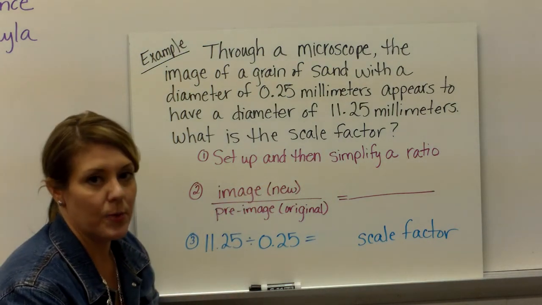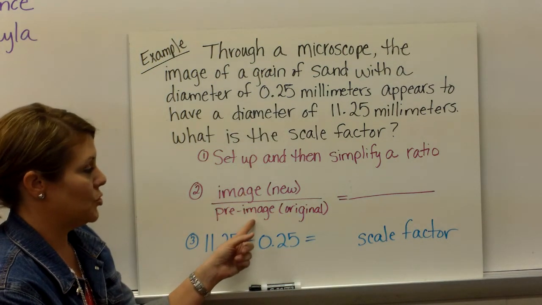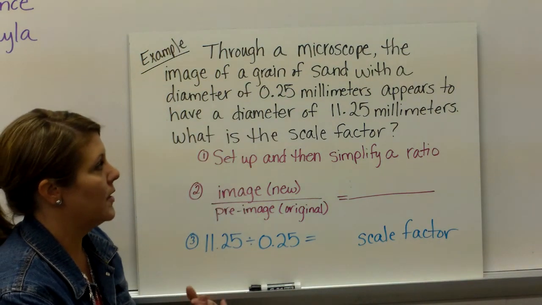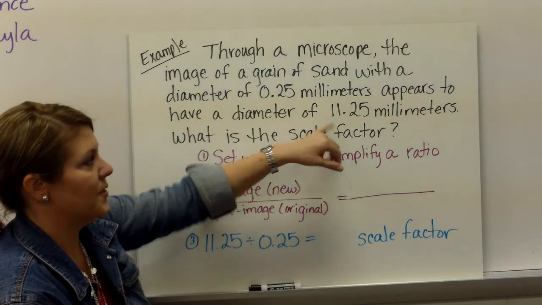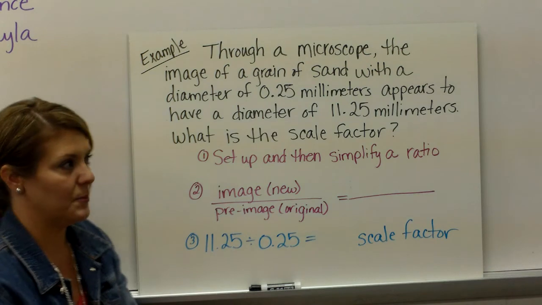So again, we're going to set up a ratio comparing the image, which is the new, to the pre-image, which is the original. Now, if you think about the problem and what's going on, the new would be this 11.25, because that's what happens when you put it under that microscope. The new size appears to be bigger.